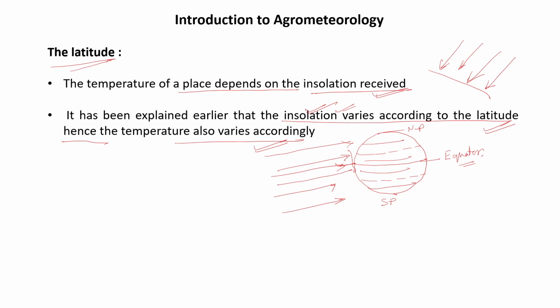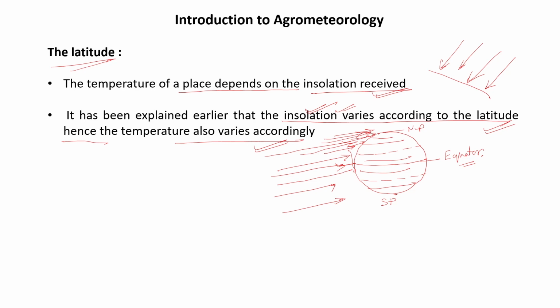At the polar region, the insolation is less. The solar radiation received by the polar region is having less heat because it has to travel a longer distance, and heat is lost there.